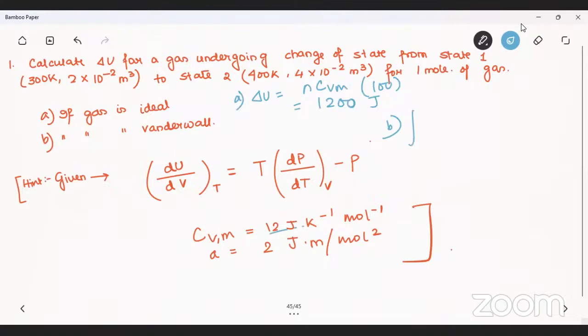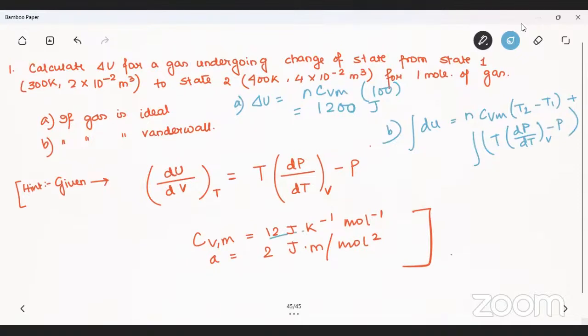B is the integration of dU, which is nCv(T2 minus T1), plus the integration of T dP by dT at constant volume minus P delta V.